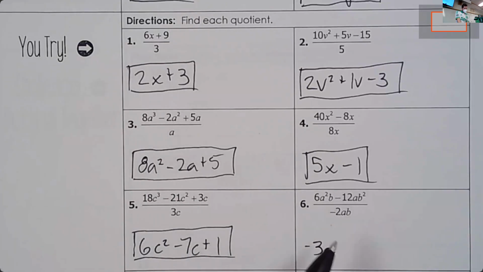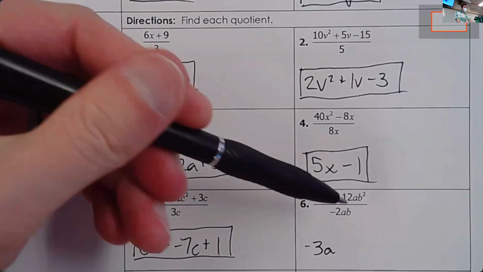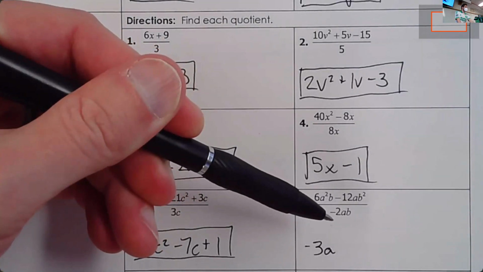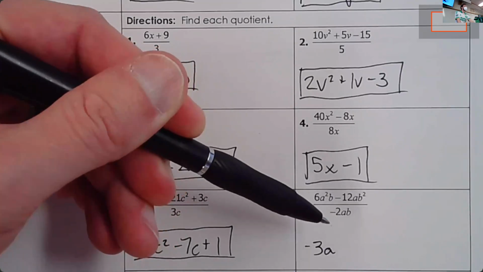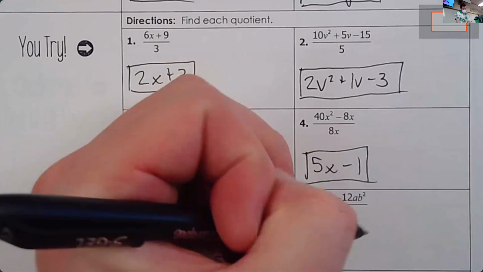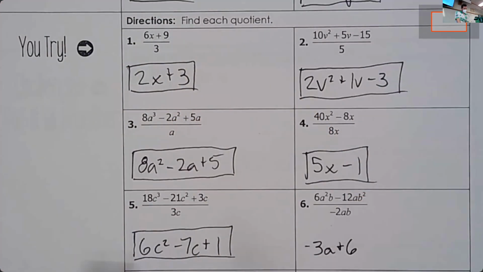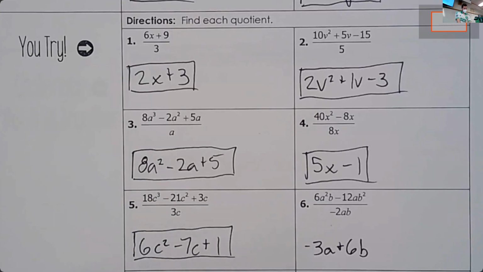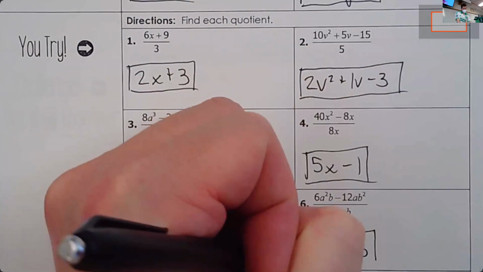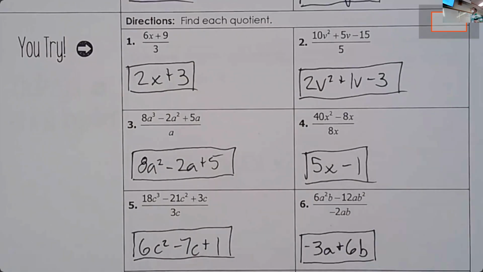And then b divided by b, those would cancel. So the first term here is negative 3a. Then we're going to divide negative 12 by negative 2, which equals what? 6. All right, so positive 6. And then a divided by a, the a's cancel on this one. And then b squared divided by b leaves us with a b there. So we got negative 3a plus 6b for our answer on number 6.